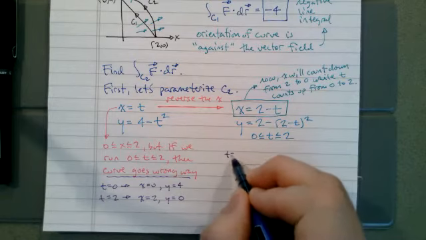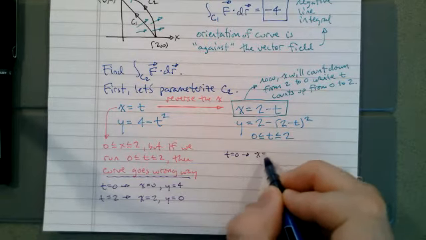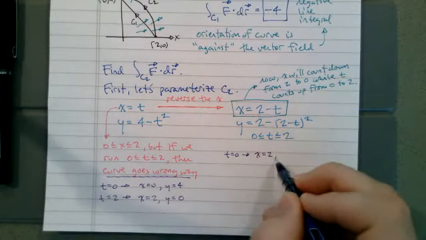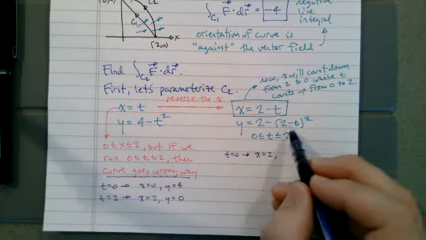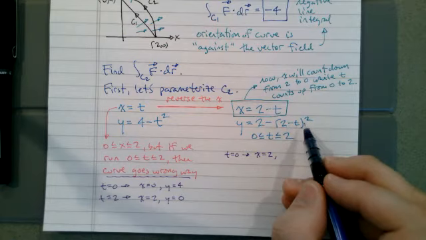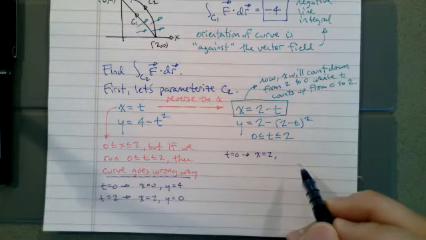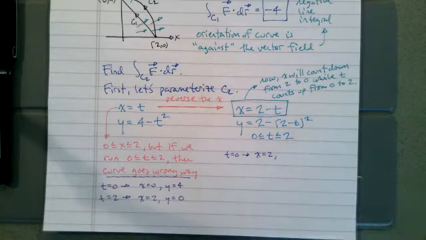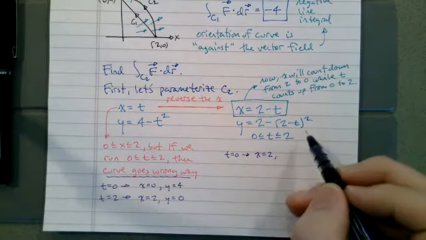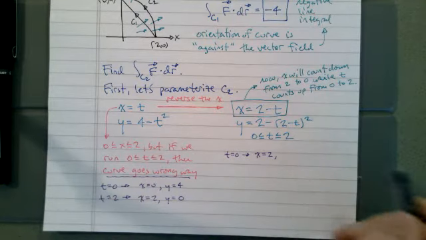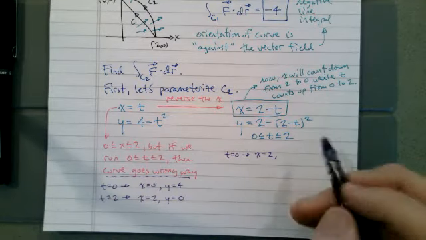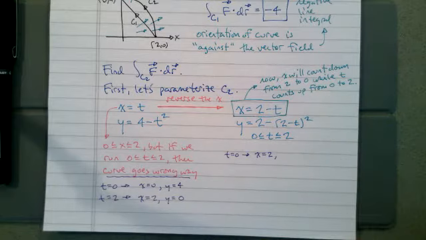If t is equal to 0, then x is equal to 2 minus 0, or 2, and y is equal to 2 minus t, squared. Did I go backwards? So when t is equal to 0, this is 2 squared is 4. 2 minus 4 is, what did I do wrong?